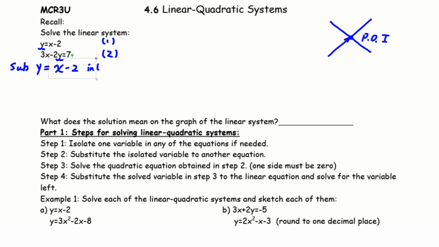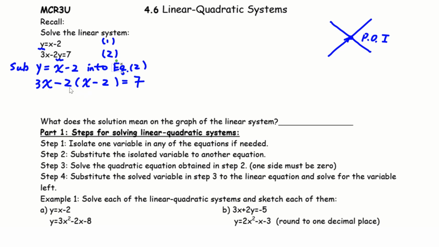Then you will have only one variable, x, left. Then this is a linear equation, and we are able to solve it. So we copy 3x minus 2, and we only change the y to its equivalent in terms of x, which is x minus 2.